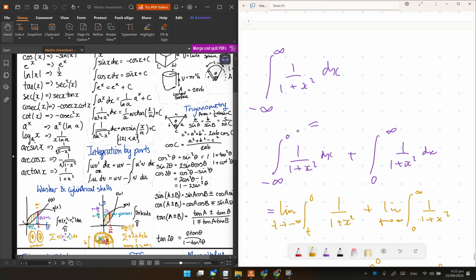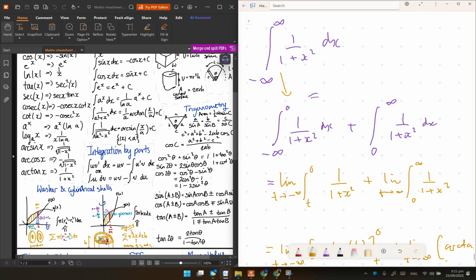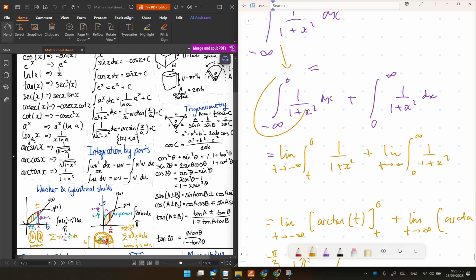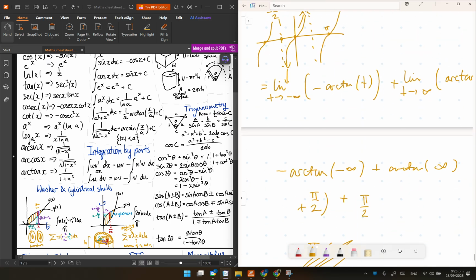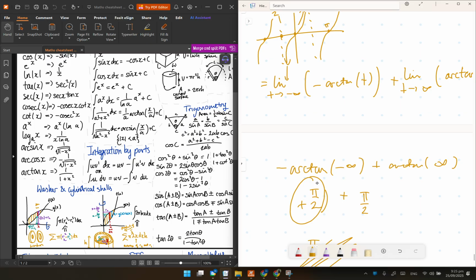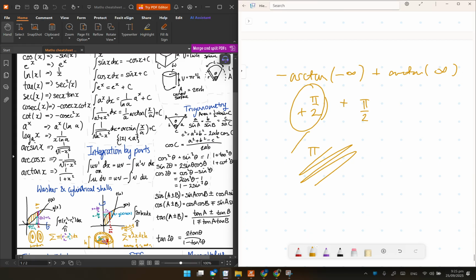You can't have it where one is infinite and the other is convergent. It's just not going to work. So to be able to split negative infinity to positive infinity into two type 1 improper integrals, both of these have to be convergent. And as we can see from our calculations, both are convergent. This one leads to pi over 2, this one leads to pi over 2. They're both convergent.